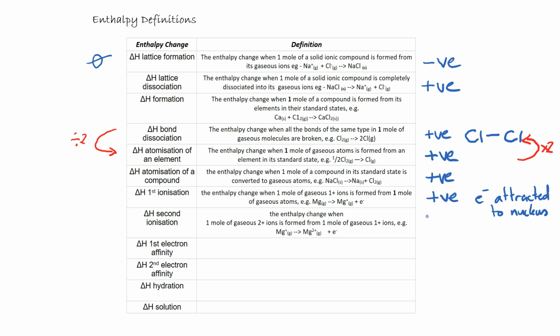So the second ionization enthalpy is the next one we need to look at, and this is the enthalpy change when 1 mole of gaseous 2+ ions is formed from 1 mole of gaseous 1+ ions.